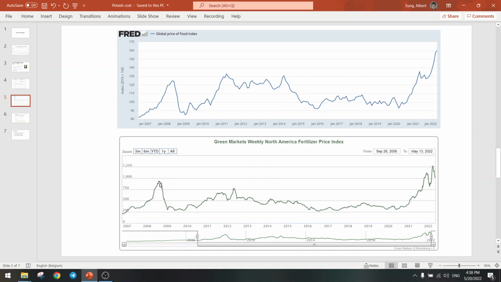When you look at the fertilizer prices, okay, it's higher than this peak. But when you look at the food prices, the peak is now much higher than here. So the farmers are actually making lots of money because the food prices are almost more than 50% higher than this peak, while the fertilizer prices are almost the same.